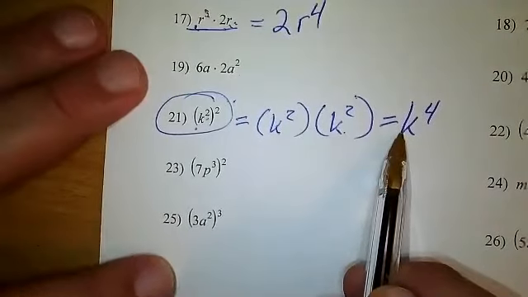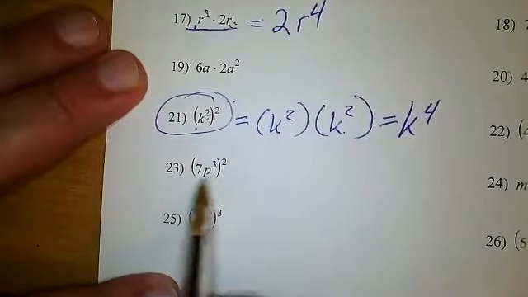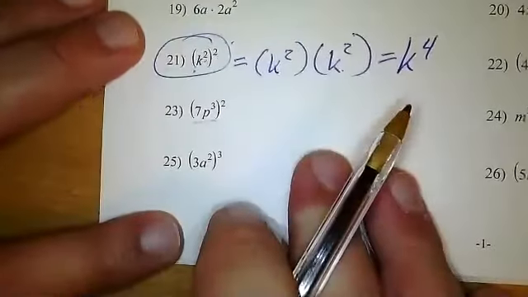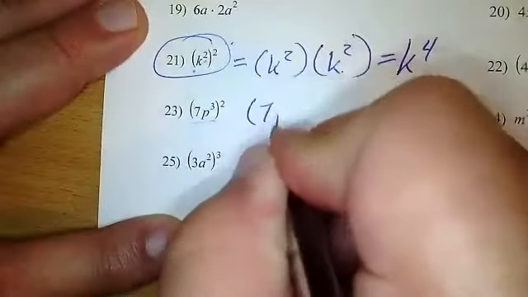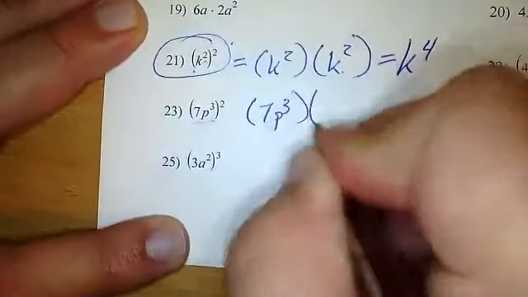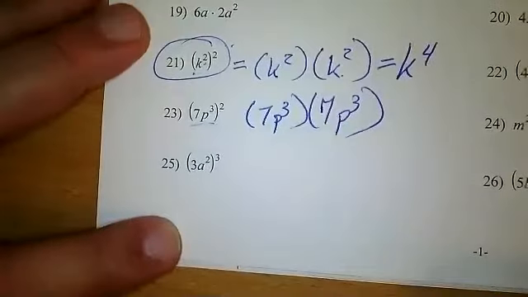Let's do one that makes a little less sense. Let's look at number 23. So this is literally 7p cubed times 7p cubed, right?